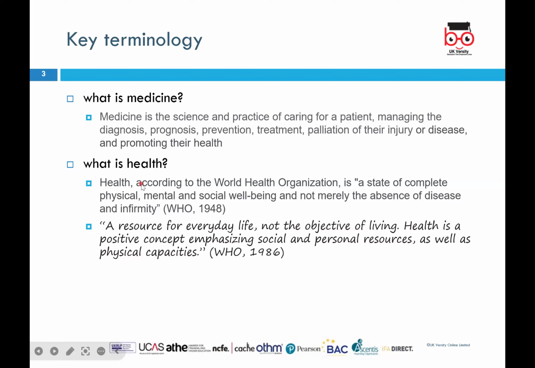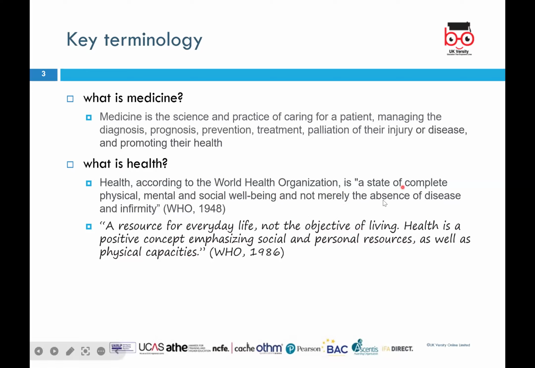What is health? We have a definition for health, which is the World Health Organization definition. It is the state of complete physical, mental, and social well-being. It was always said that health is a state of complete physical, mental, and social well-being. But now it has been added that it's not merely the absence of disease and infirmity.